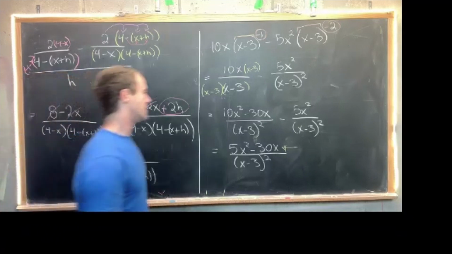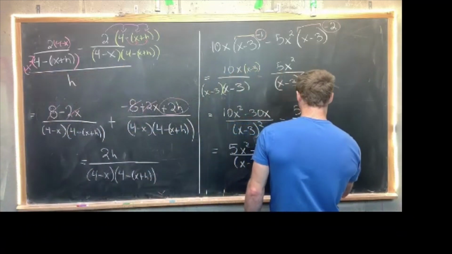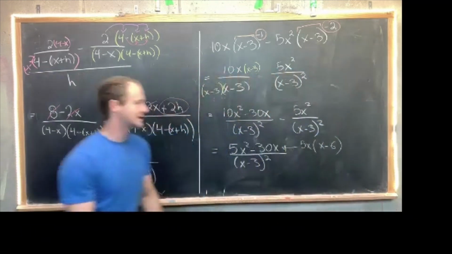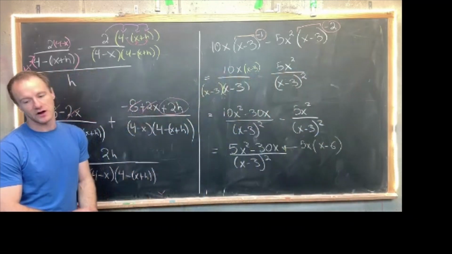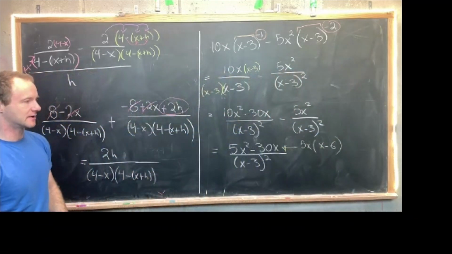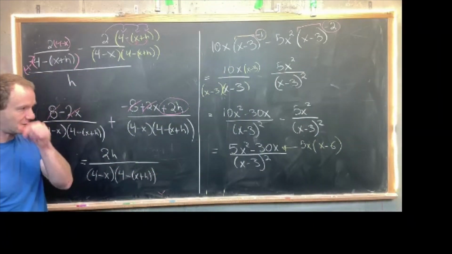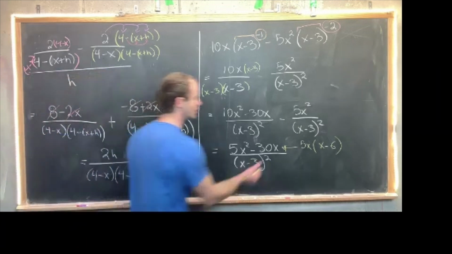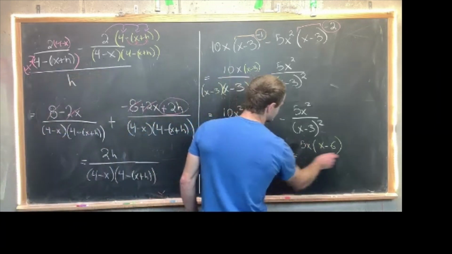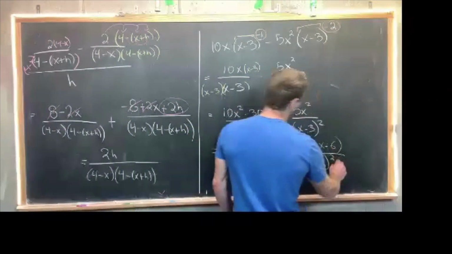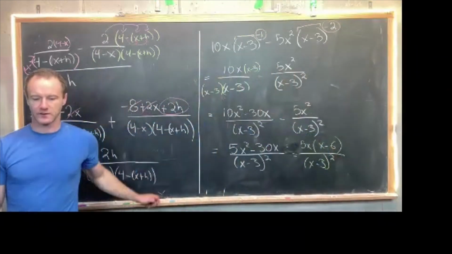So maybe we would write this as 5x times x minus 6, but notice that that is not going to cancel with the denominator. Doesn't include any of the common factors, so that's not actually that helpful. But if you wanted to, you could rewrite this as 5x times x minus 6 over x minus 3 quantity squared. You just can't simplify it any further. Okay.